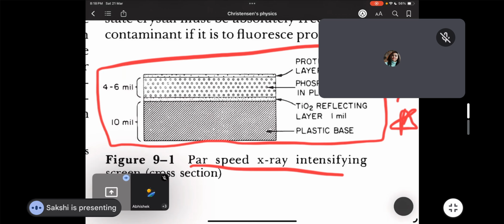What are the different types of intensifying screen? One will be high speed, one will be medium speed, another will be detail screens. High speed will always be faster and with less dose. Detail screens will be slower with higher detail, and medium speed will be par speed or balanced.